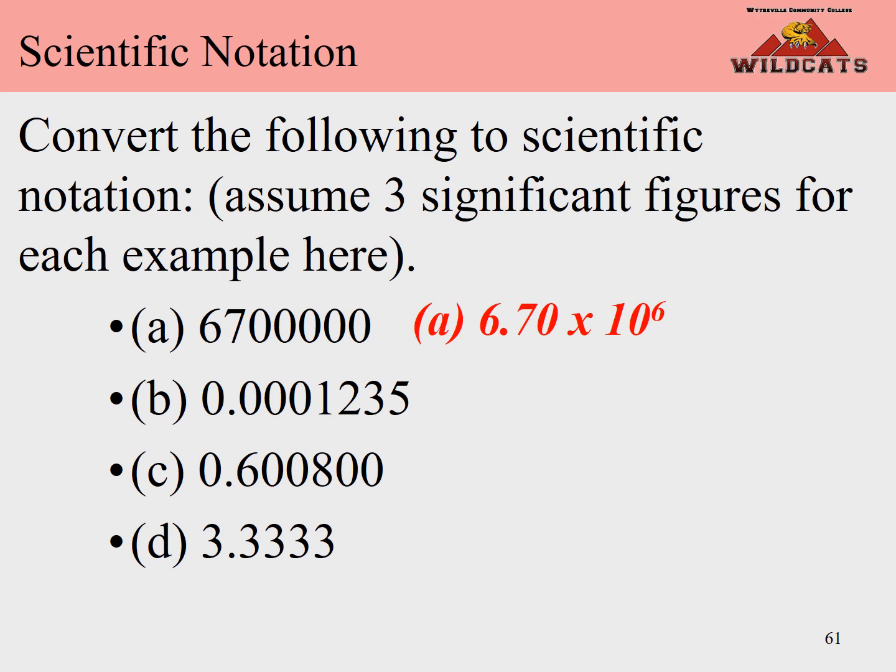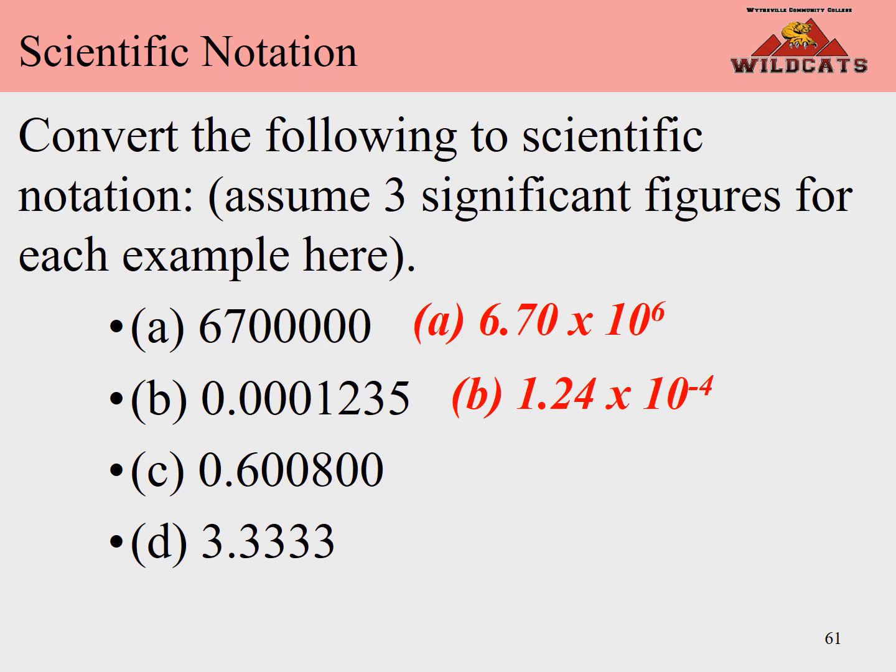On the next one, I'm going to move it 4 places to the right, and I only need 3 significant figures. Be careful, that 3 is next to a 5, so the 3 is going to round up to a 4. If you were to put in 1.23 times 10 to the minus 4th in your homework problems that you're going to do through Blackboard, I'll give you credit for the answer.